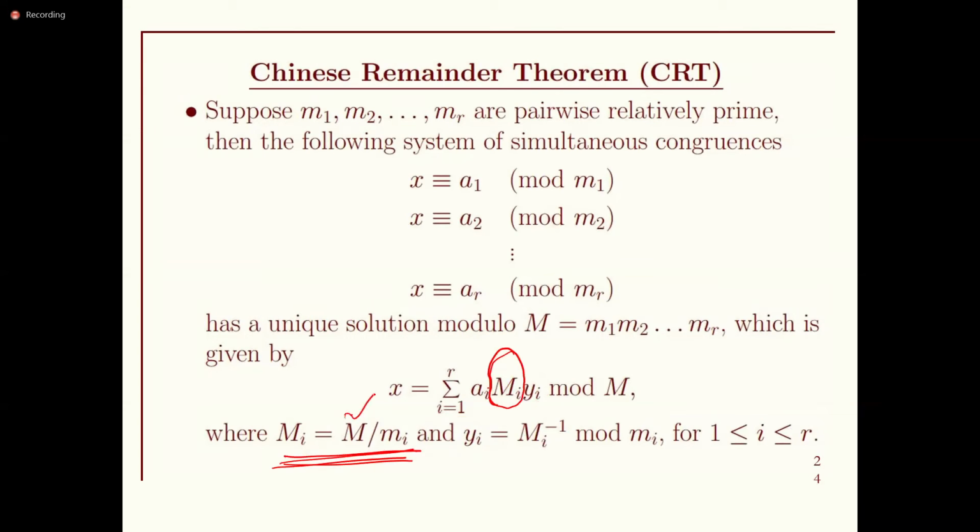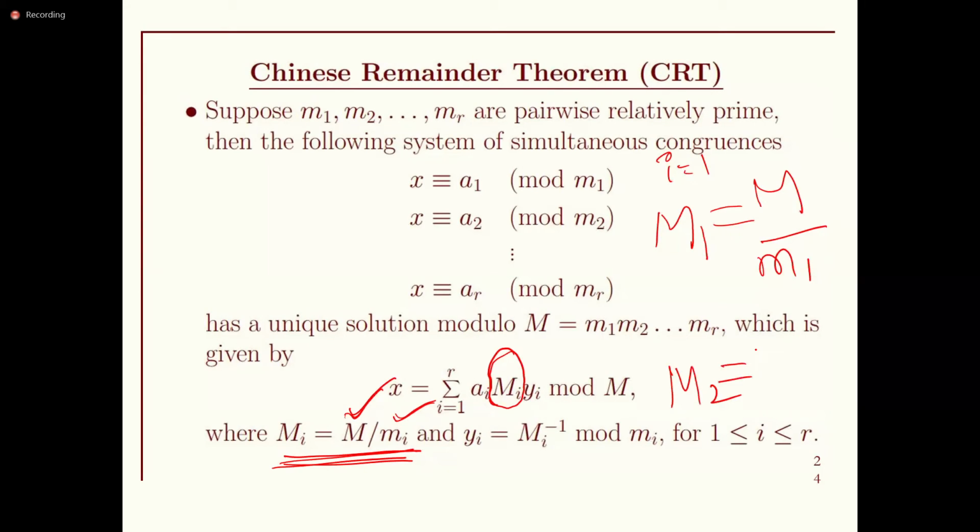We have calculated capital M, now we need to divide that by the small mi. Suppose I take i value as 1, we need to calculate capital M1. What is capital M1? Capital M by small m1. If I take i value 2, we need to calculate capital M2, which is nothing but M by m2.